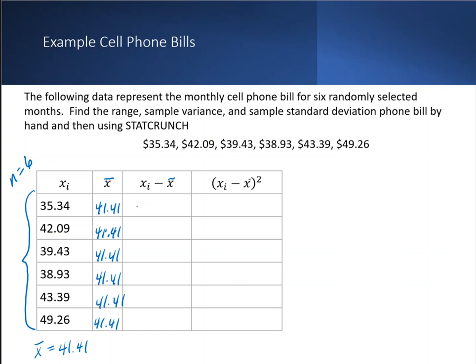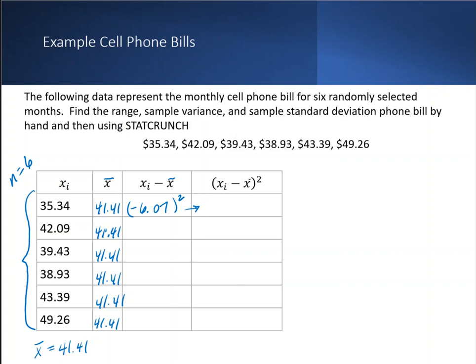So in the first case here, if we take our calculator and we put 35.34 minus 41.41, we end up with negative 6.07. And to that number, I am now going to square it.